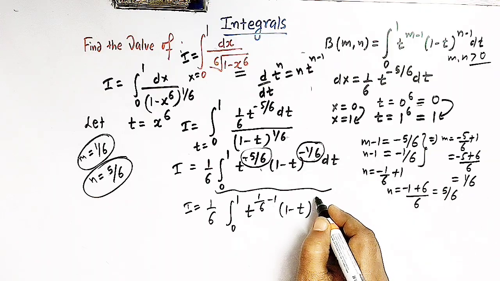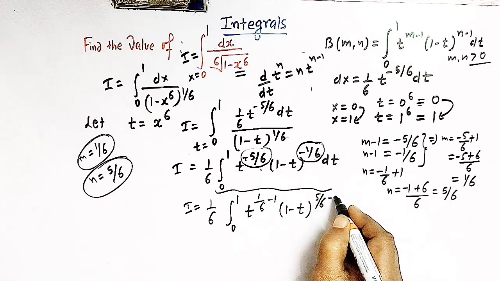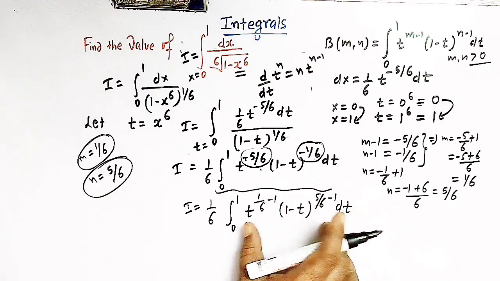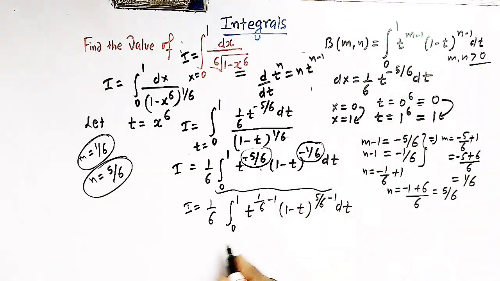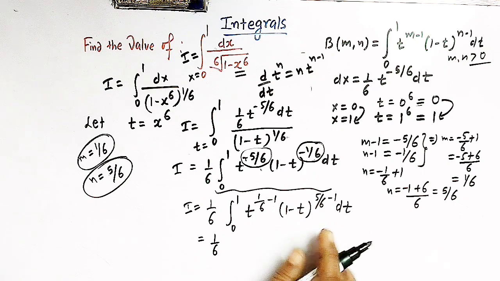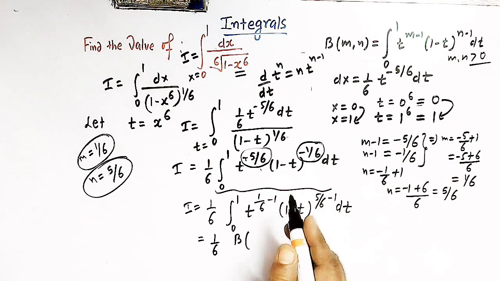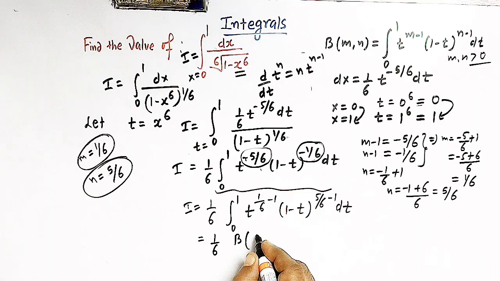So we have n as 5 over 6, and this is minus 1 and dt. So now this integral is exactly similar to this one. So we can now replace this integral by the beta function. So we have beta m comma n. M is 1 over 6 and n is 5 over 6.